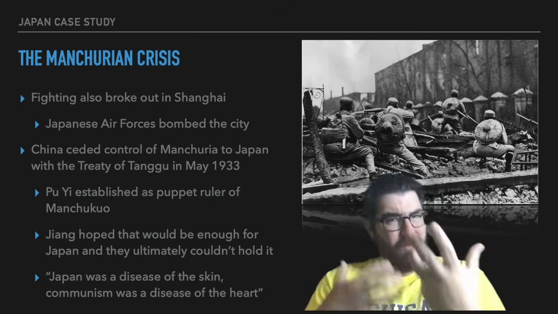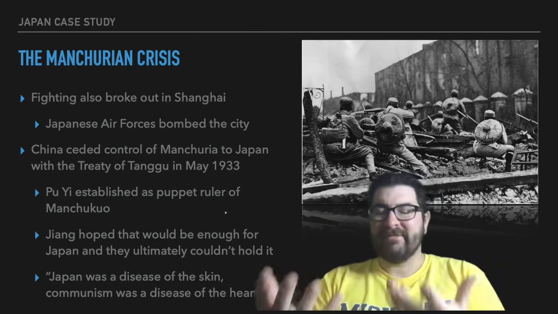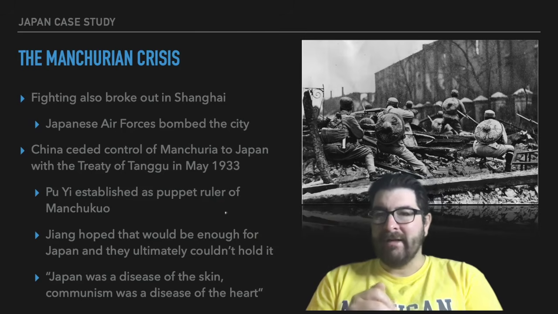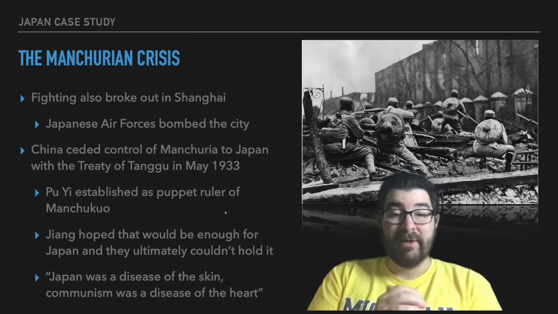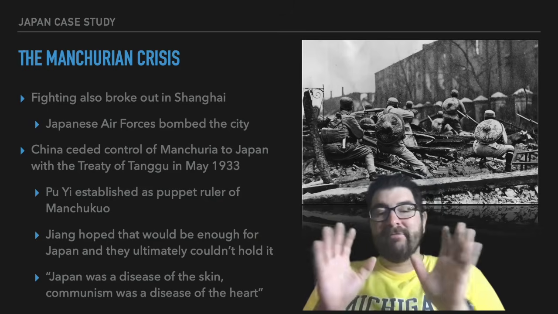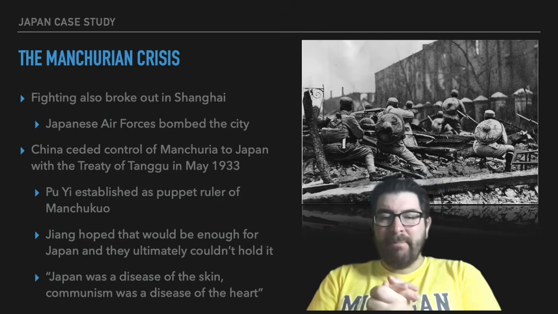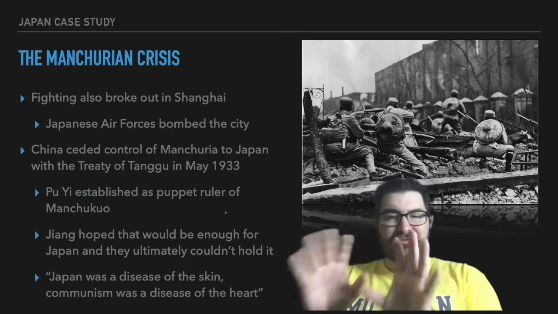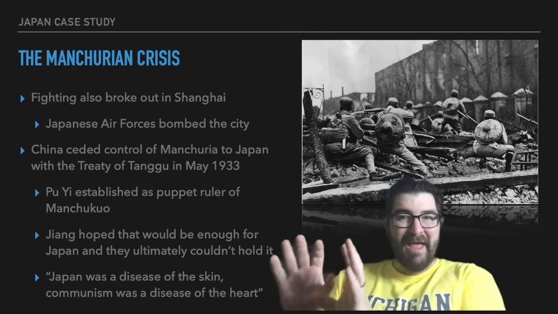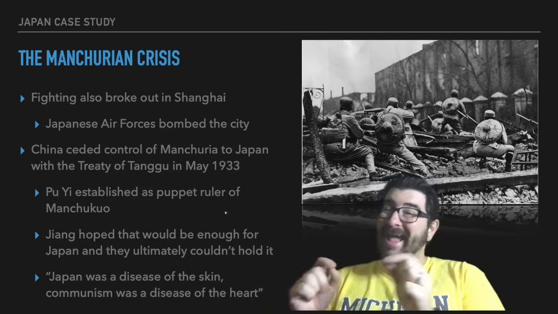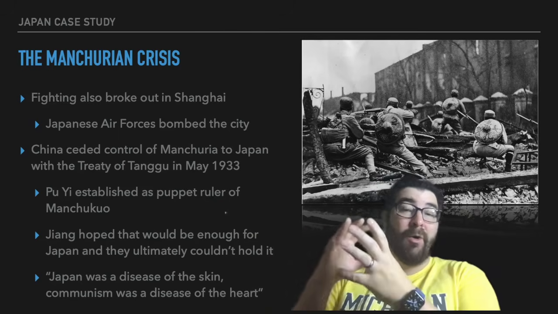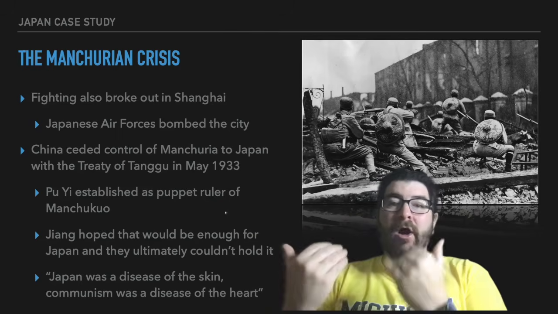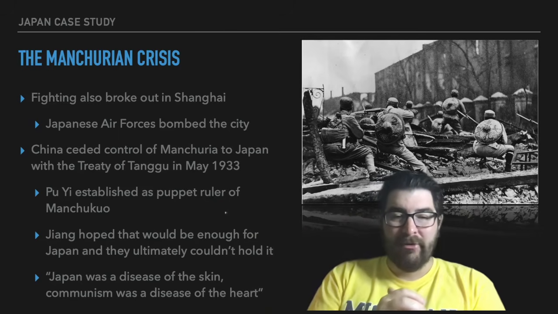This was to give a local ruler that has some notoriety a positive public face for what Japan was really doing in Manchuria. For Zheng Jixi's part, he hoped that Manchuria would be enough for Japan, that they wouldn't push any further, and that it would be so difficult for Japan to actually hold on to Manchuria that it would ultimately force them to back out.